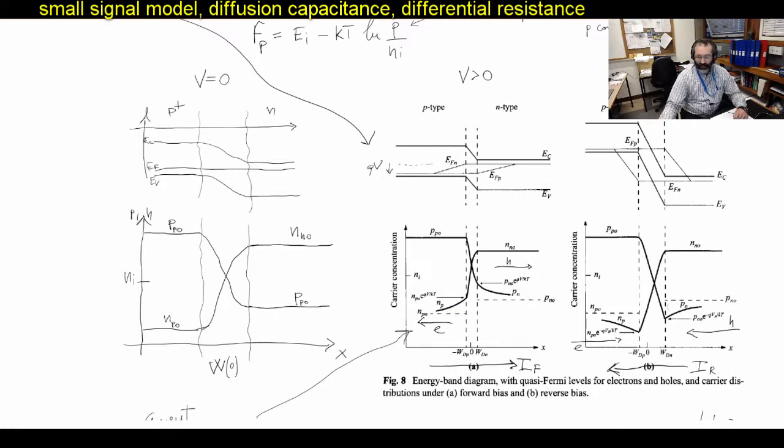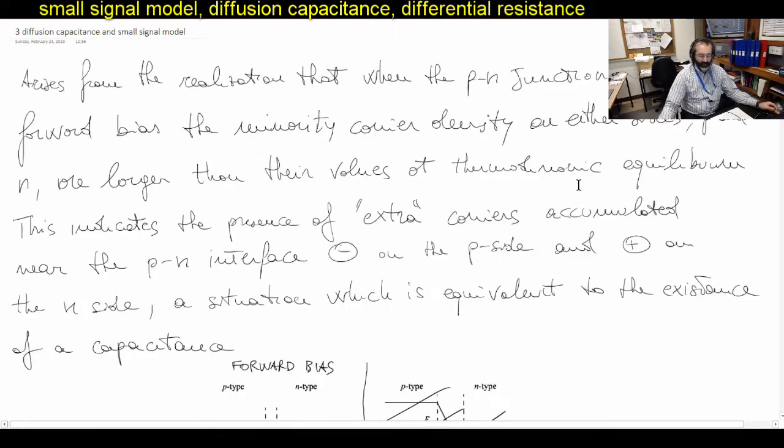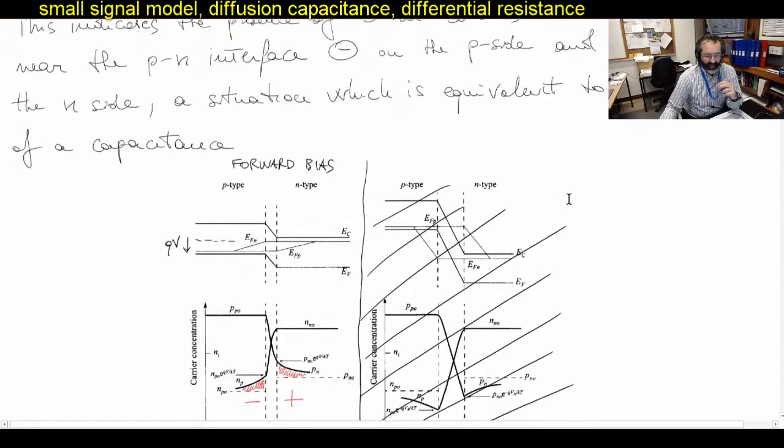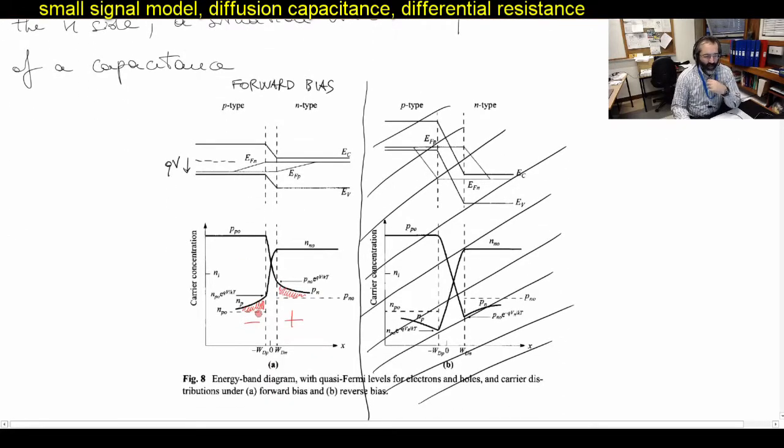The diffusion capacitance arises exactly from the fact that when the junction is out of equilibrium, particularly forward biased, a huge amount of charge, both electrons and holes, is accumulated in the proximity of the junction, simply because the junction is now conducting current, mainly by diffusion.